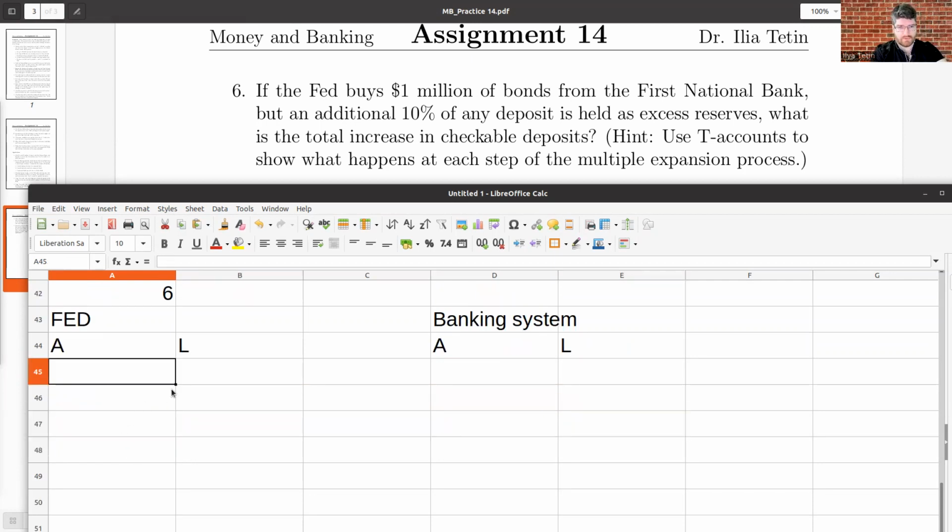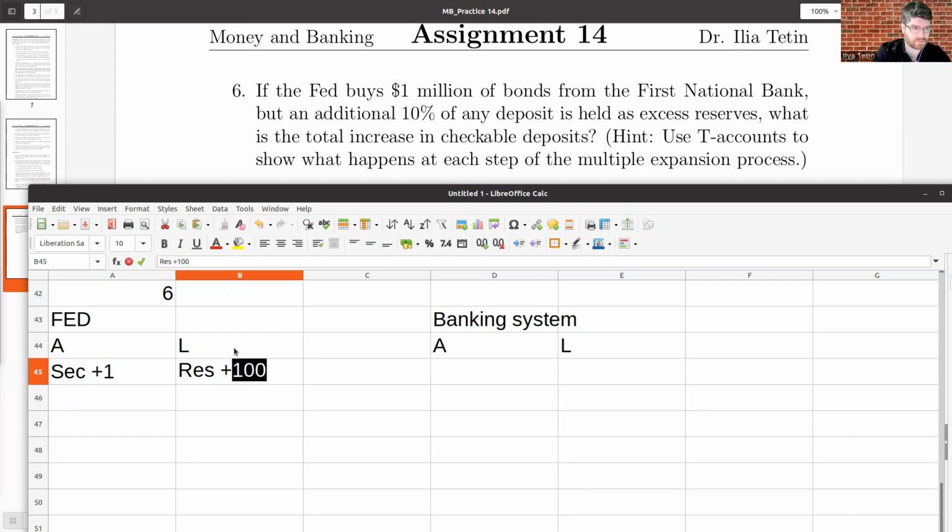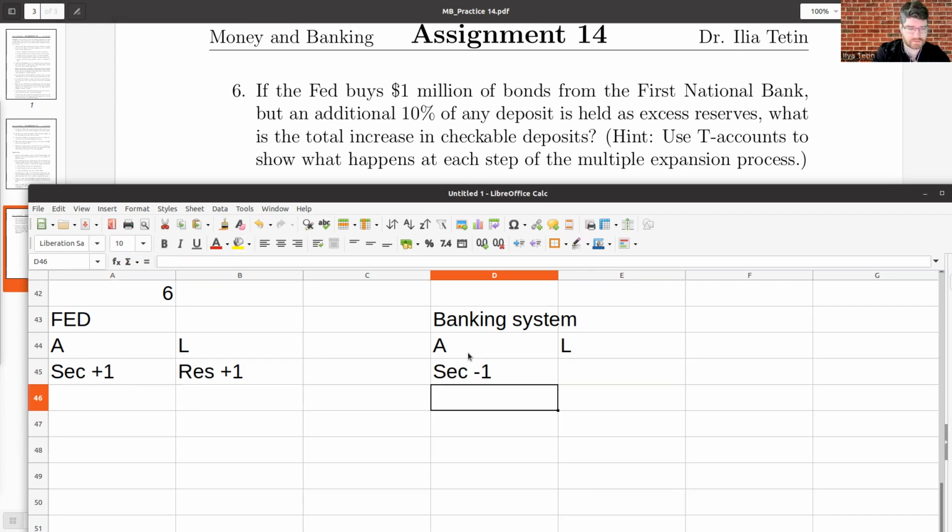Initially the Fed buys 1 million, so securities here increased by +1. The reserves here increase +1. Liabilities are not affected initially, but the securities -1, the banking system sells securities, reserves +1.